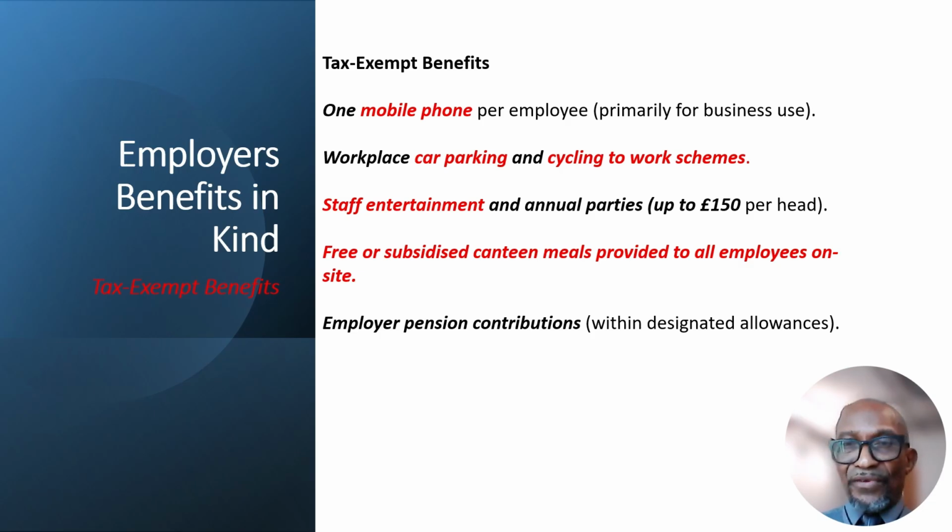So if you are an employee, your employer can spend up to 150 pounds on you during the Christmas party. Make sure you drink as much as you can. Also a free or subsidized canteen meal provided to all employees, on site, not at home. It must be on site, your work premises. A certain employer pension contribution within the designated allowance. These are tax-exempt benefits.